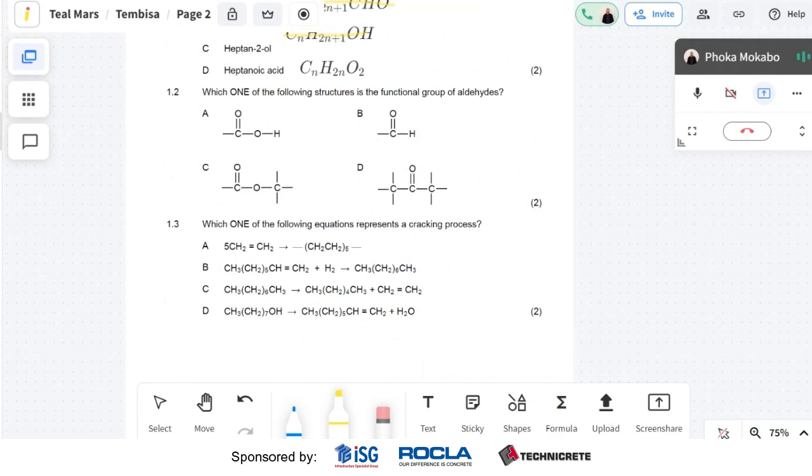So a ketone will differ from that in the sense that the oxygen can be connected anywhere within the chain, right? And obviously the alcohol will need to have not only an oxygen, but specifically a hydroxide, so an OH specifically.